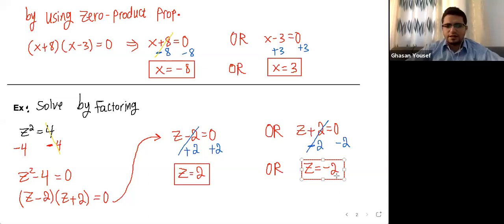Exactly. If you want to check, plug into the equation z equals 2: 2 squared gives me 4, and z equals negative 2: negative 2 squared gives me 4. So both of the answers are correct.